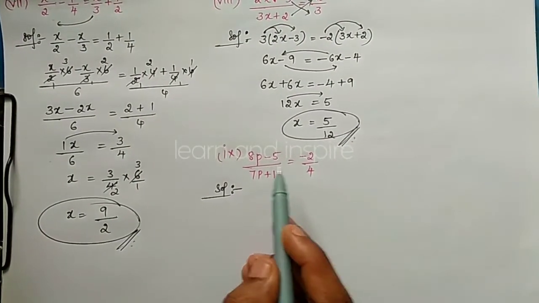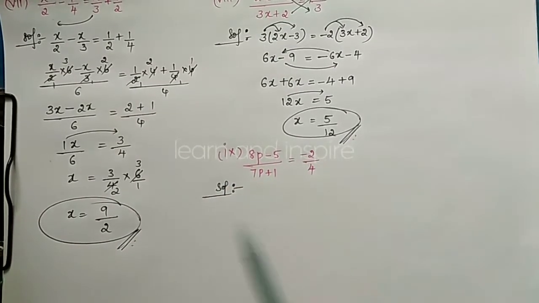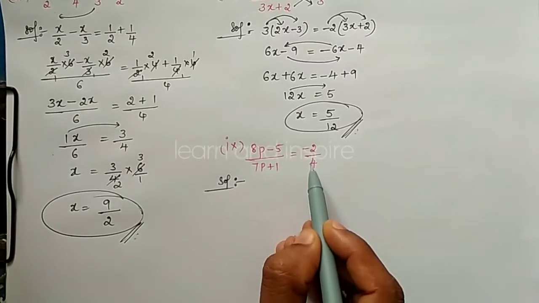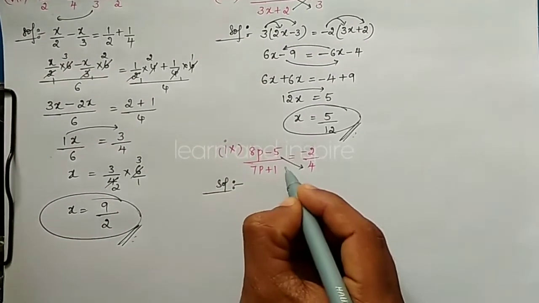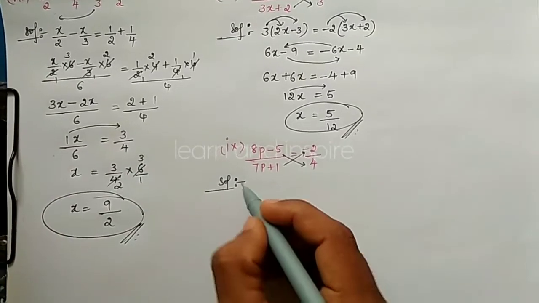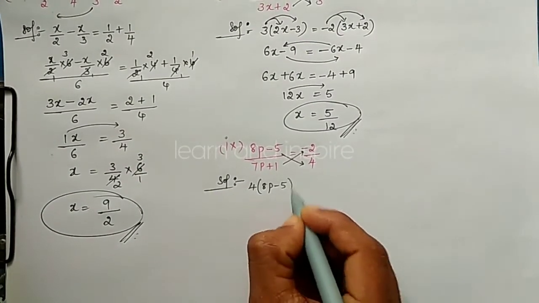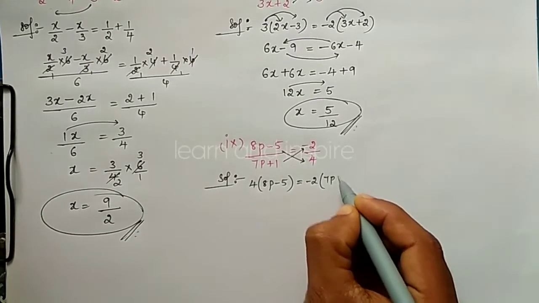Next, question number 9. So this question number 9 is same as the previous problem. 8p minus 5 divided by 7p plus 1 is equals to minus 2 by 4. So first step we have to do is cross multiplying. Okay, 4 into 8p minus 5 is equals to minus 2 into 7p plus 1.